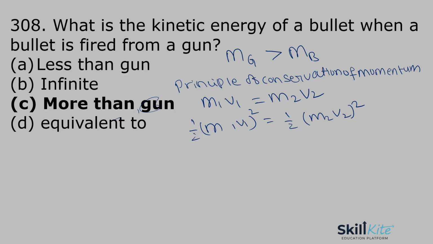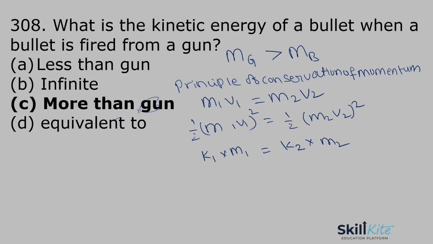So we can get kinetic energy 1 into mass 1 equals kinetic energy 2 into mass 2. That is half m1 v1 square into m1 equals half m2 v2 square into m2. That is how we wrote it.